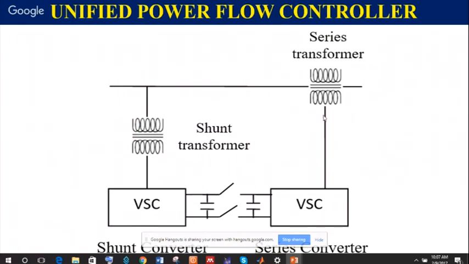So with the switch open, the UPFC can work as an independent STATCOM, or as an independent SSSC, and with the switch closed it can work as a UPFC. That is also the main advantage of UPFC.